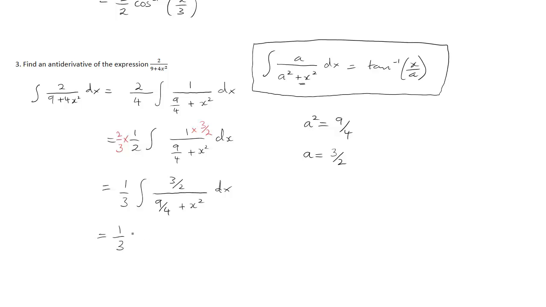So a third tan inverse x over a. A is actually 3 on 2 plus c, but we decided that we're going to make c 0. The final way to express this would be tan inverse of 2x over 3. So that will be our expression.